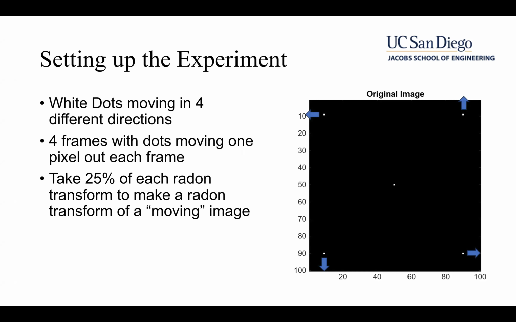So most of this will be talking about my own experiment, which is to try and simulate coronary motion. In my case, I set up an image with 4 moving white dots in the corners, and I created 4 of these images where they moved 1 pixel each, and took 25% of each radon transform and combined them together to make the radon transform of a moving image.